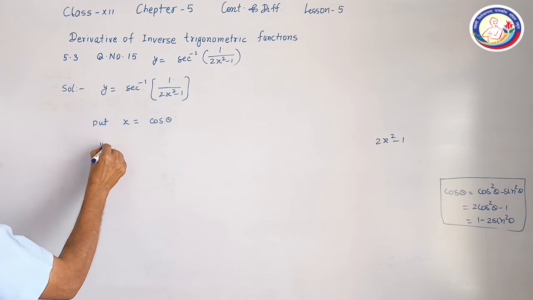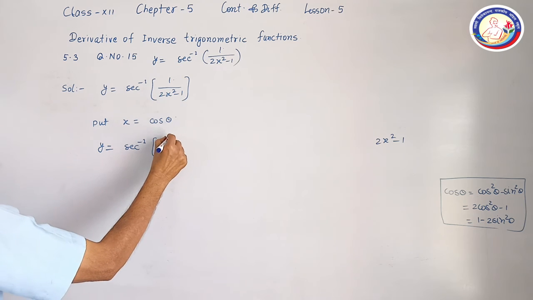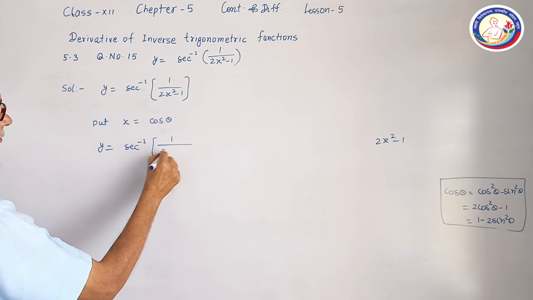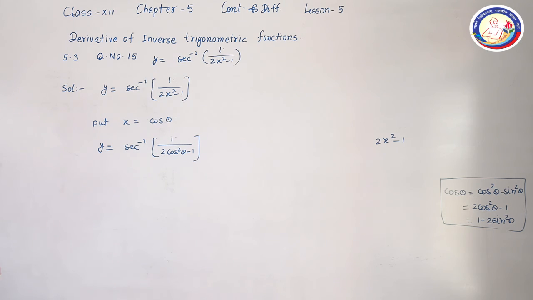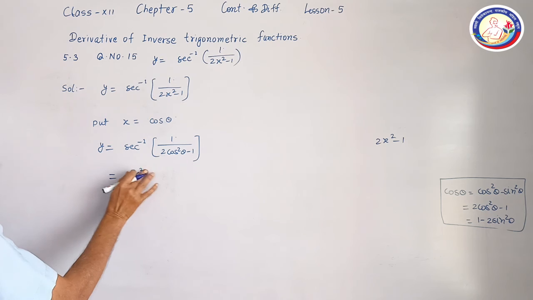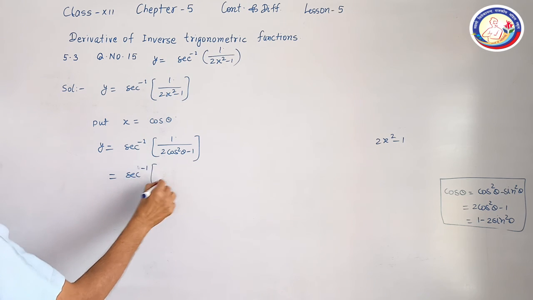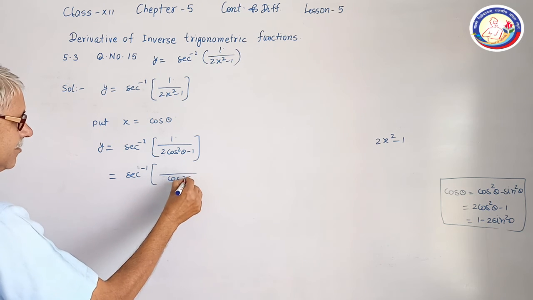Then y will be sec inverse of 1 upon twice of cos square theta minus 1, and this will be sec inverse of 1 upon cos 2 theta.